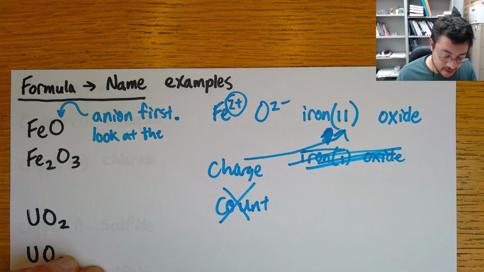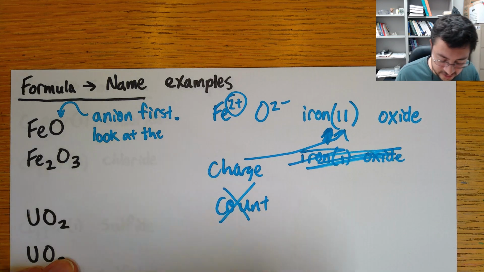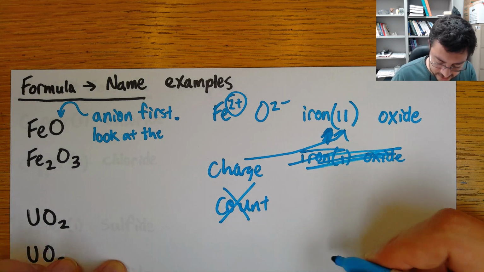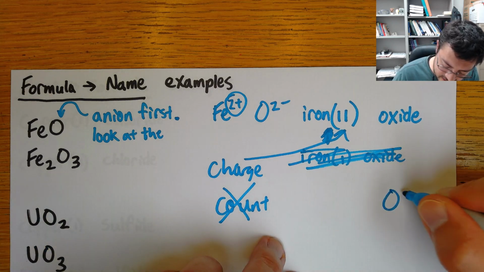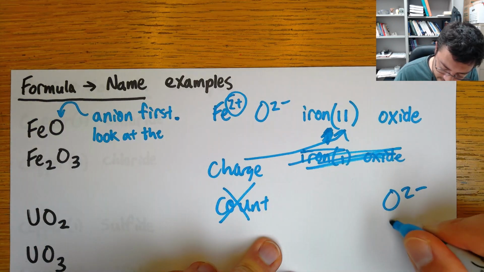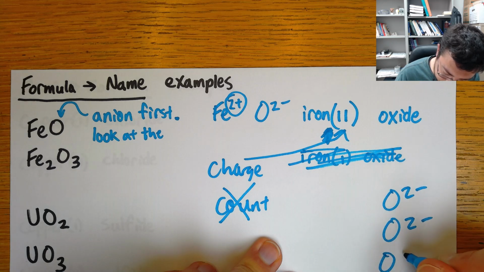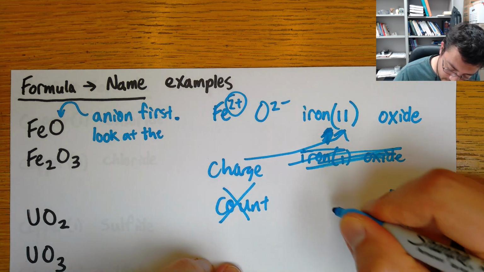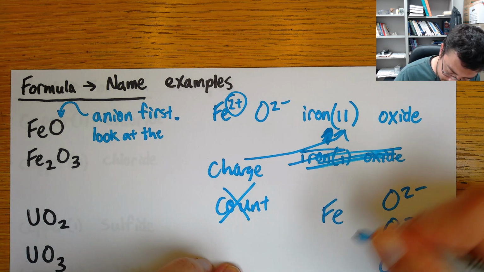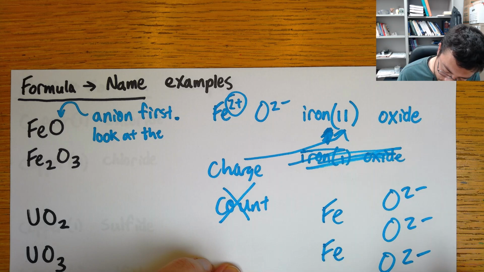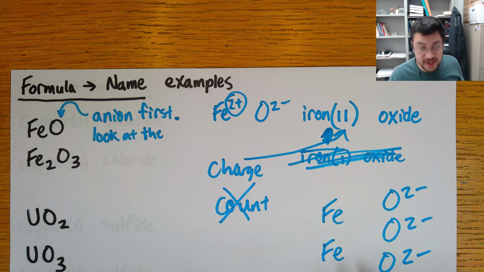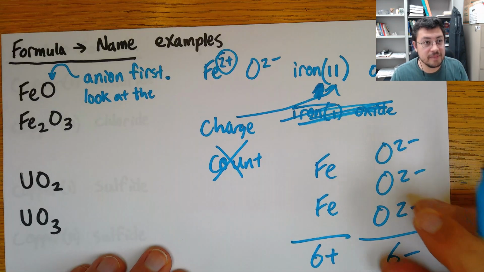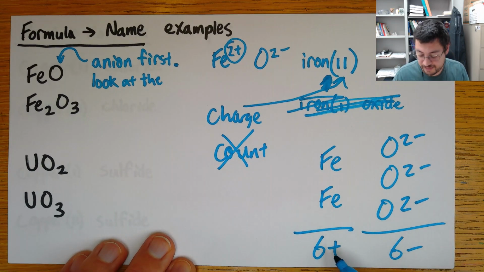All right, let's go to Fe2O3 next. We have 3 of the O2-, and then we have 2 of the irons. We have a total of 6 minus here, which means the pluses must total 6 plus.